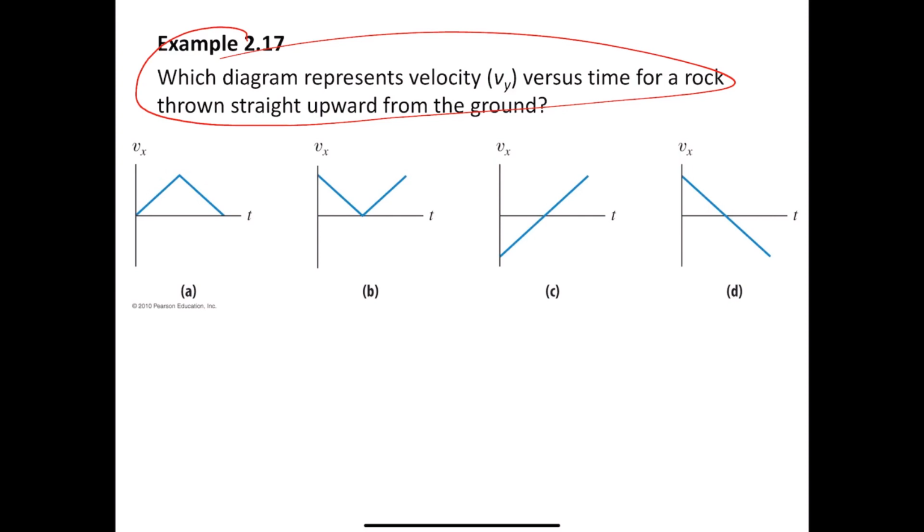If you throw the object, what is the initial velocity, positive or negative? Positive. When it reaches the top, zero. When it comes back, negative. So which one? A.